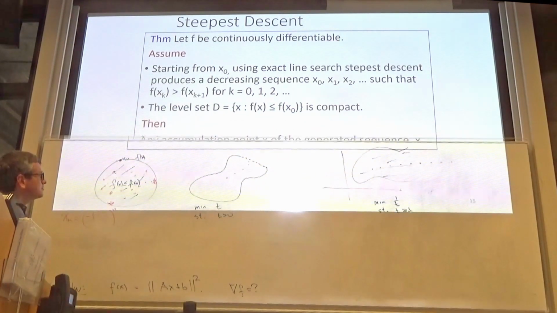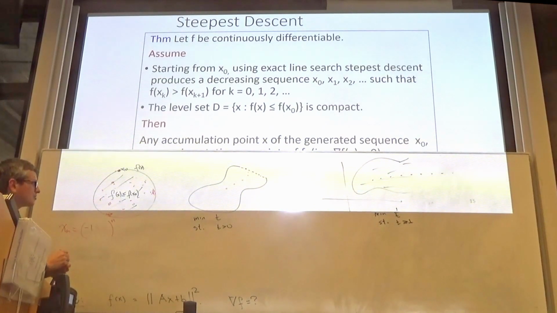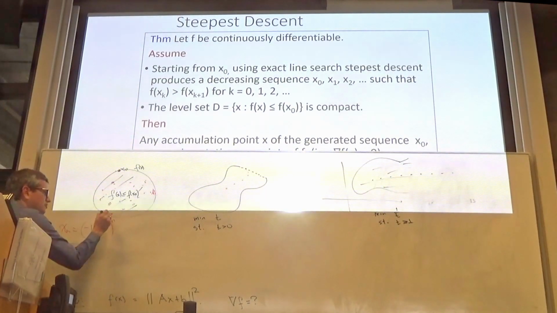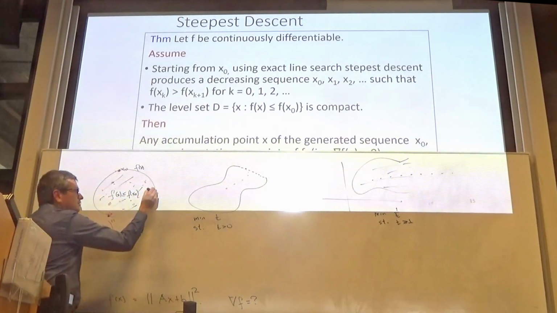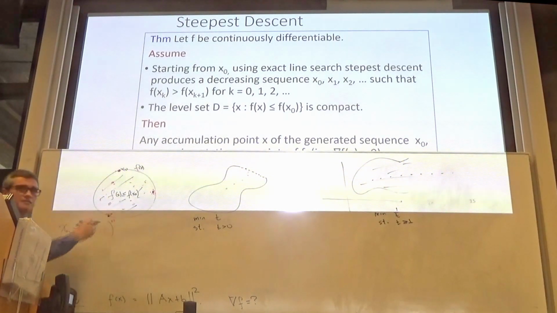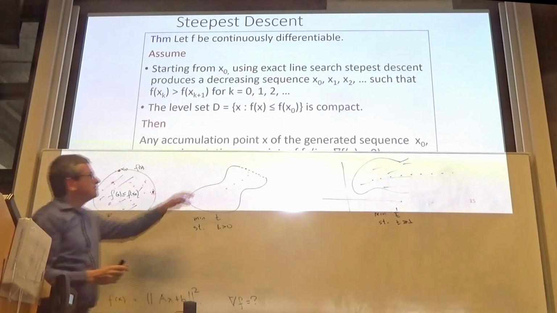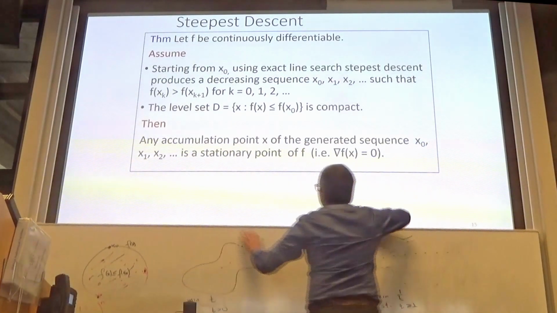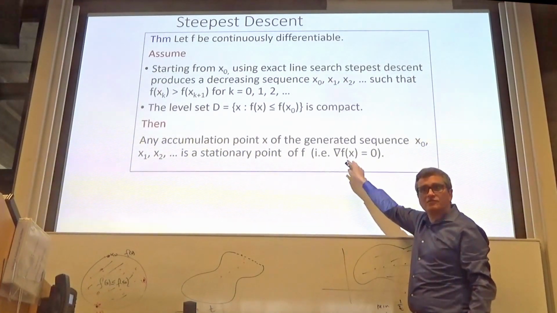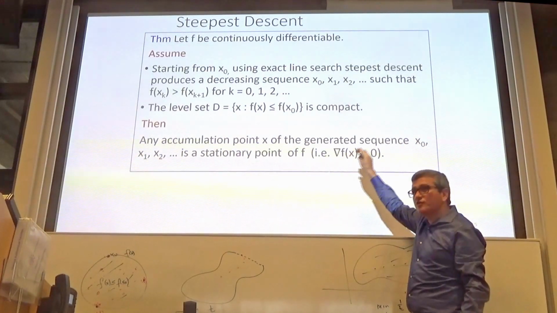And then the theorem says, if it has more than one accumulation point, it's not a problem. Just take any of them, take this one or take that one. Those are my two accumulation points. They behave like limits. And they are local minima, well, almost, as I said. What I know is that it's a stationary point, so the gradient is going to be 0. It's not going to be a maximum.